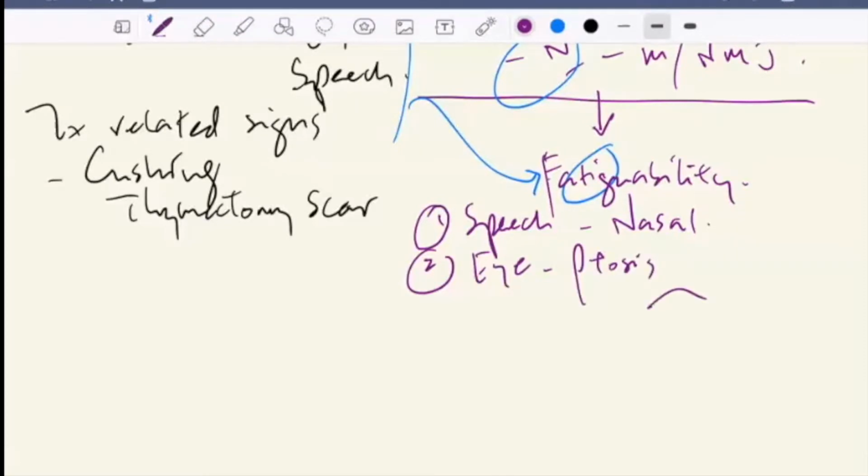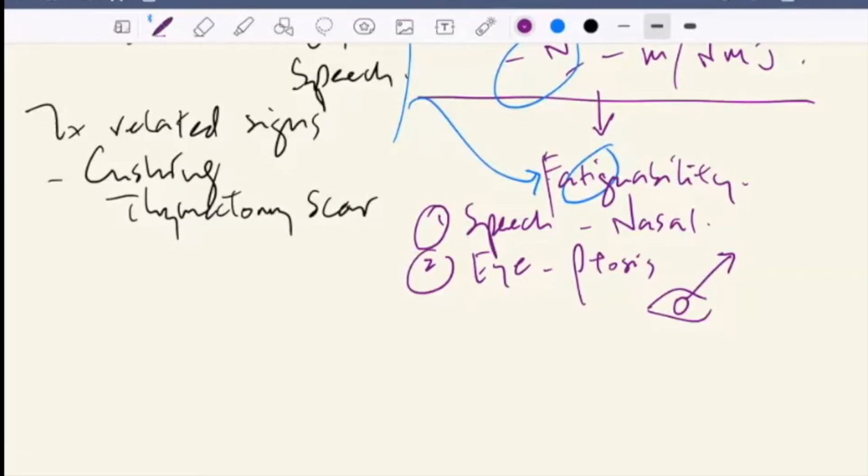For fatigability, you use a torch and shine it from the lateral upper angle. So the patient is looking up and laterally to a light torch, because our eyes will get tired easily when we are looking at a light source. When we are looking up and laterally, those are positions where we feel tired easily.